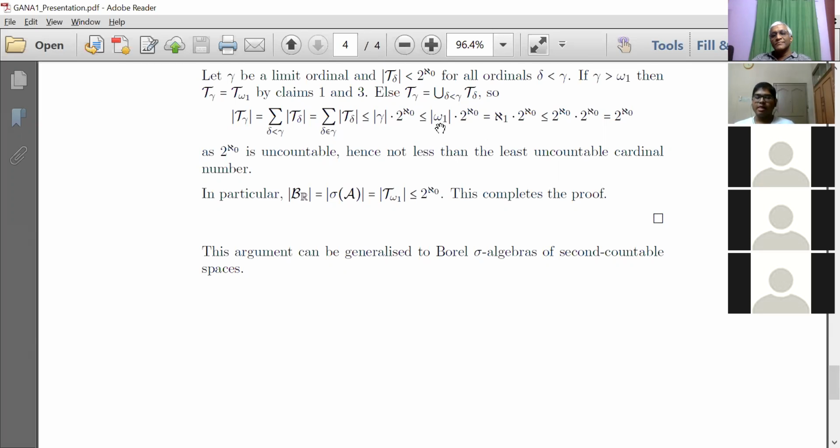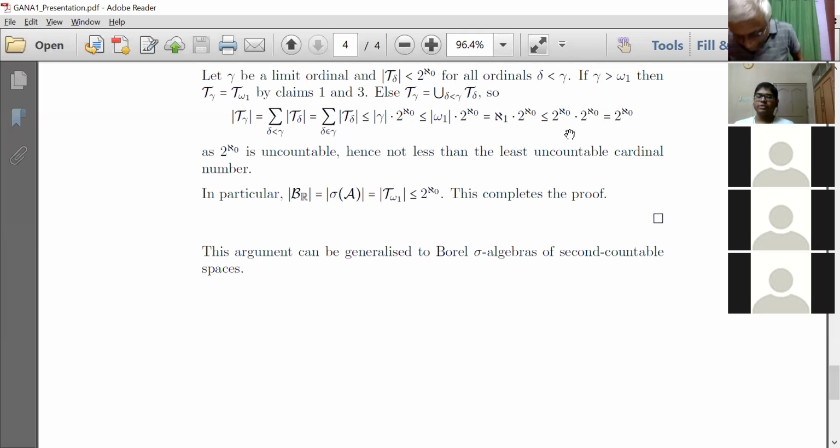Since omega 1 is the first uncountable ordinal, its cardinality must be the first uncountable cardinal. So this is equal to aleph 1 times 2 to the power aleph naught, where aleph 1 is the first uncountable cardinal number.